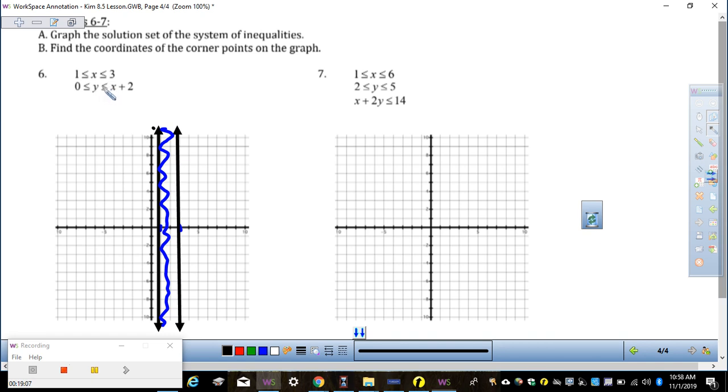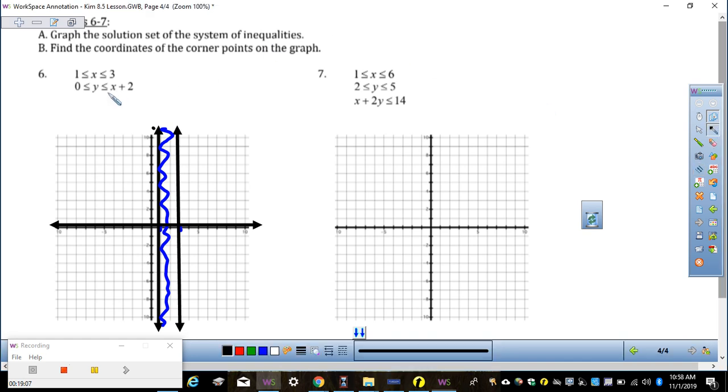To start, this says y is greater than or equal to 0. That is the x-axis. So I know that everywhere that I'm shading needs to be above the x-axis. So I'm just going to quickly draw in another solid line right along the x-axis, and I know that I'm shading everything above that.